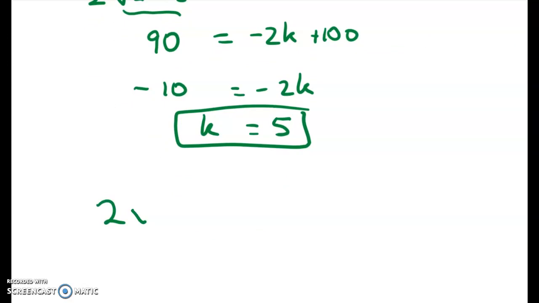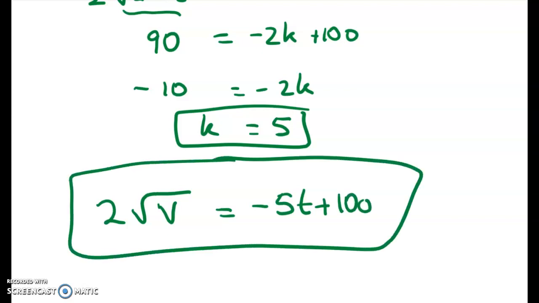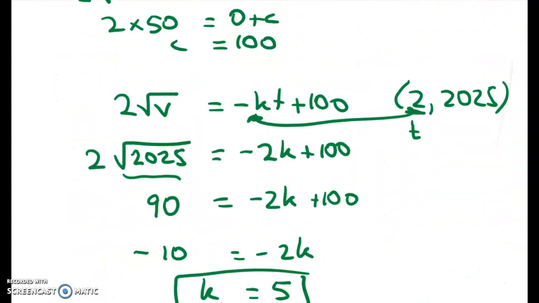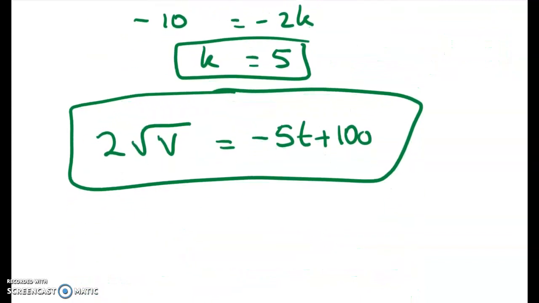Finally, we've got our equation: 2 root v is equal to negative 5t plus 100. That's where we've got to. The final question is to say how long it takes the tank to empty completely. That's now a very simple problem. We want v equals 0, and we'll just write down empty tank.